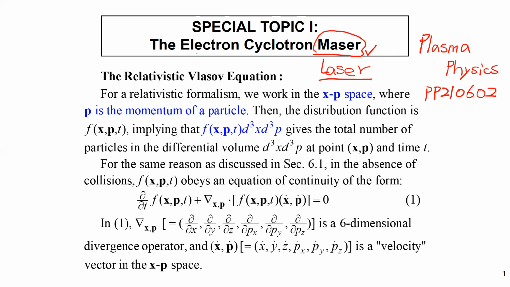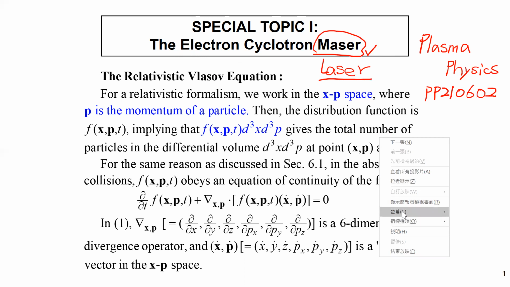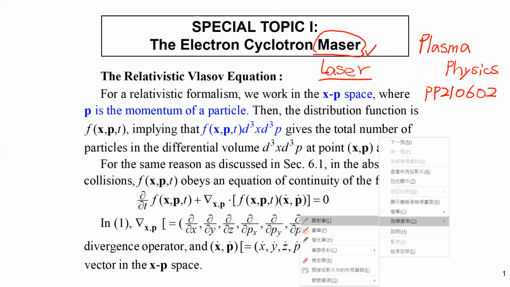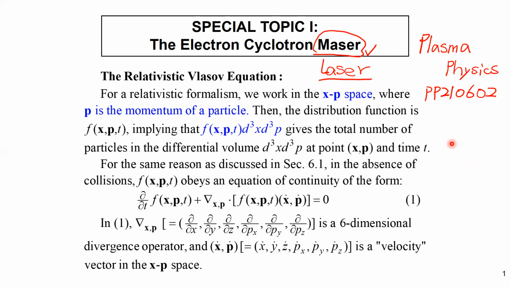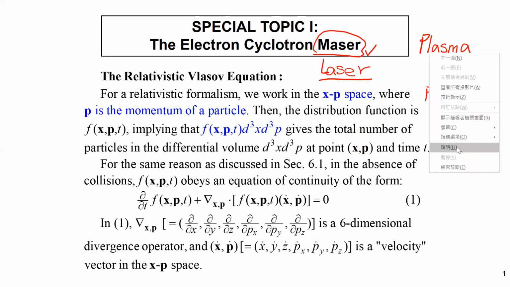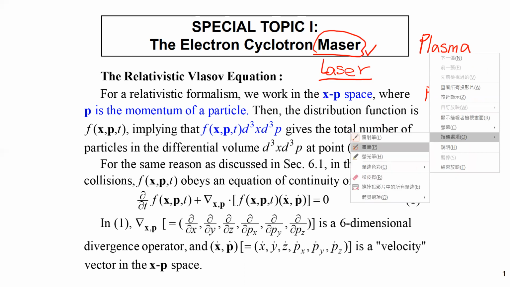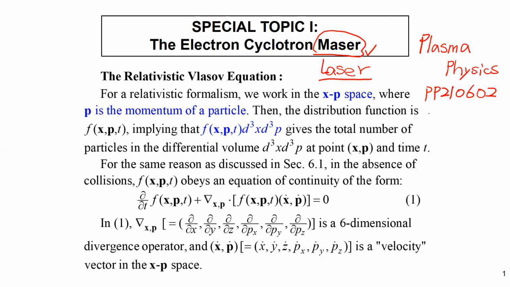That's electron cyclotron. So electron performs a cyclotron motion, circular motion under magnetic field. So we will consider magnetized plasma, with a magnetic field.